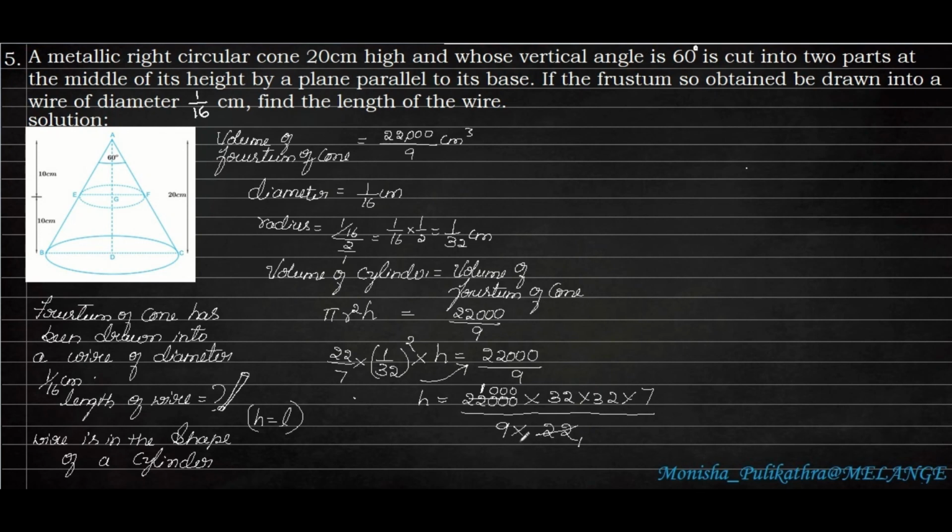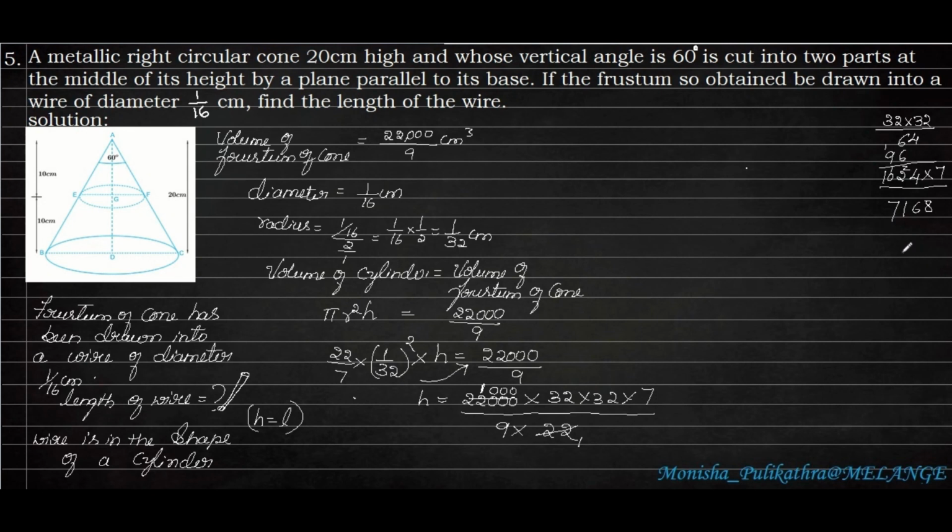Next, we can't divide any of the numbers by this, so we have to multiply the entire thing: 32 into 32 into 7. 32 into 32 is 1024. Then 1024 into 7: 7 fours are 28, 7 twos are 14, so 15, 16, 1, 7, 0. 1 will come here and 7 ones are 7.